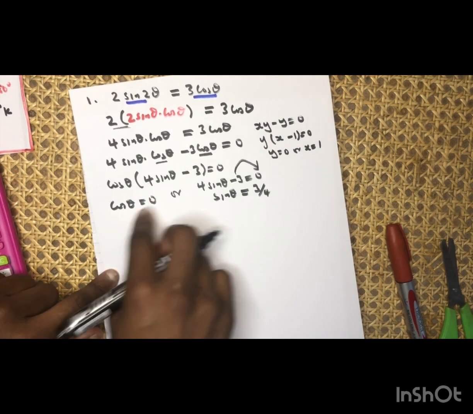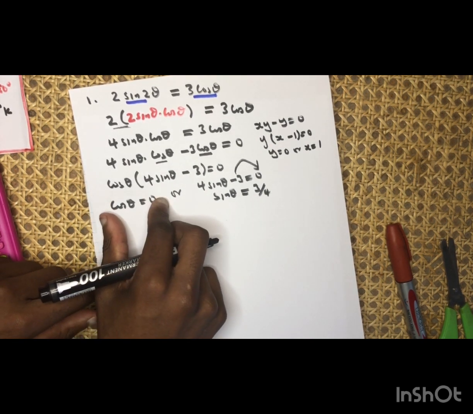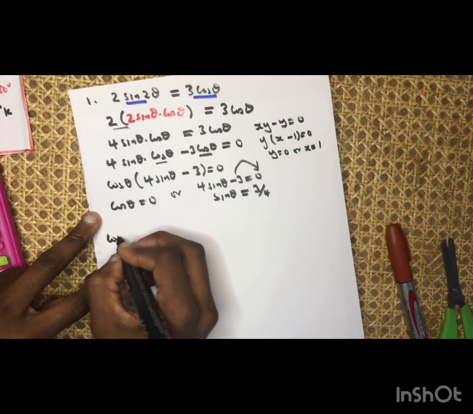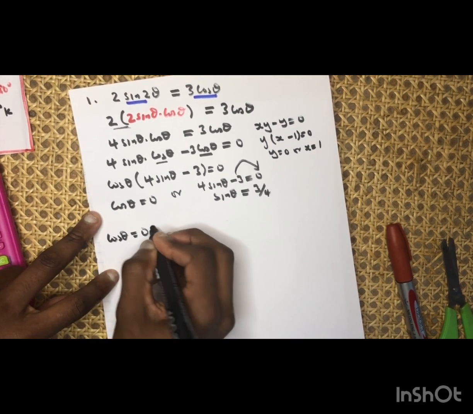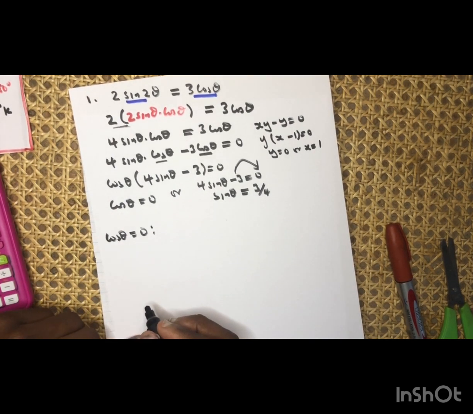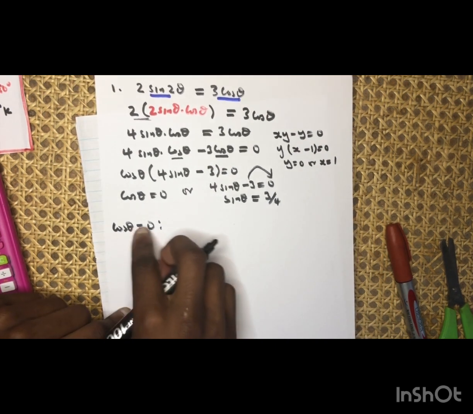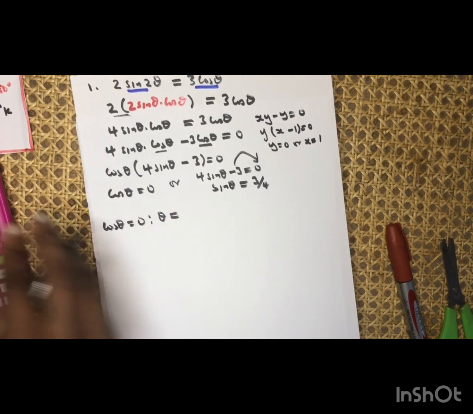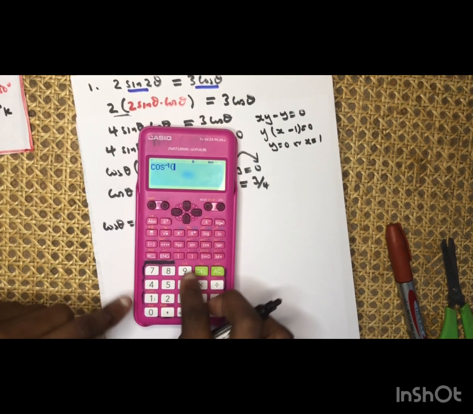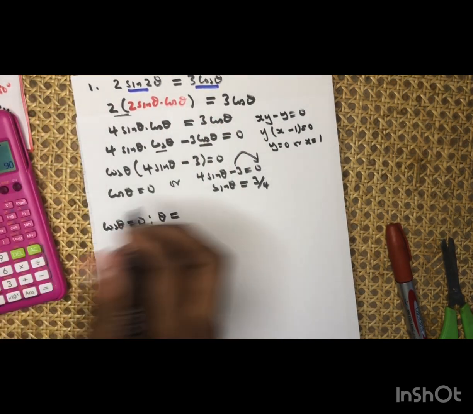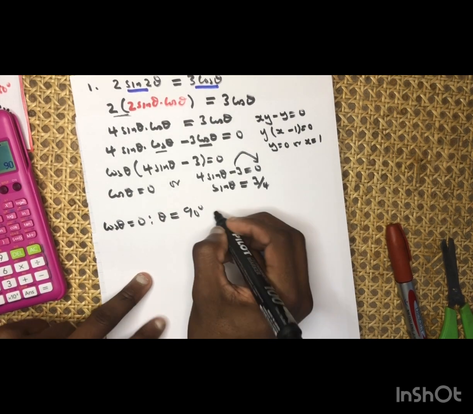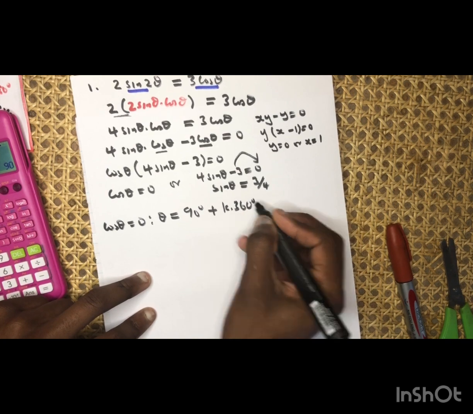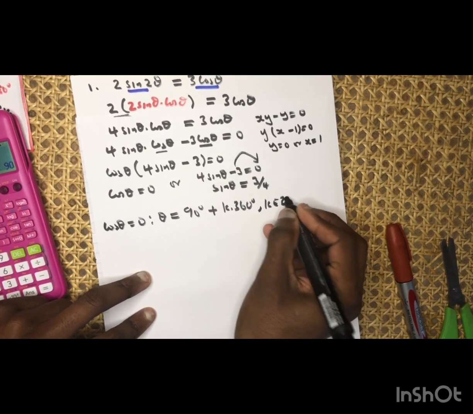So guys, we can find the solution here. I'm going to find the angle for cos theta equal to 0, so I'm going to get the reference angle. Theta is going to be arc sine 0, which is 90 degrees, plus k times 360 degrees, where k is an element of integers.